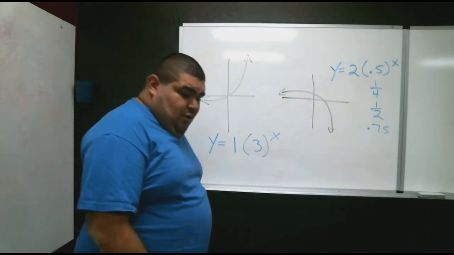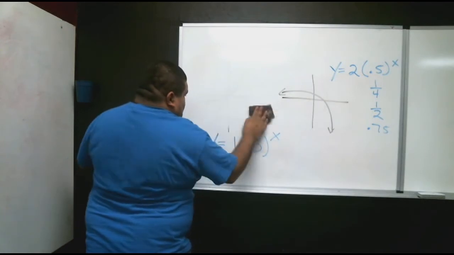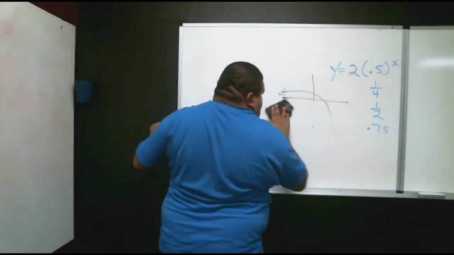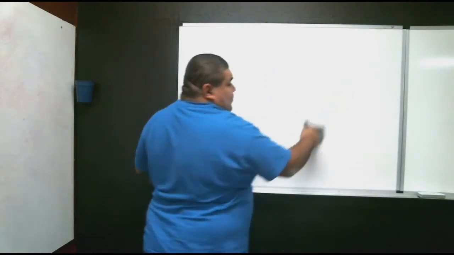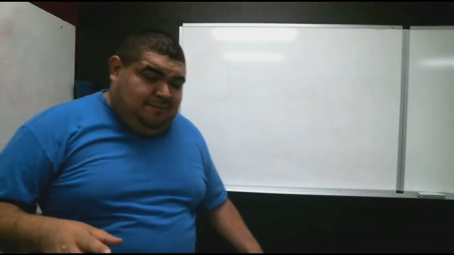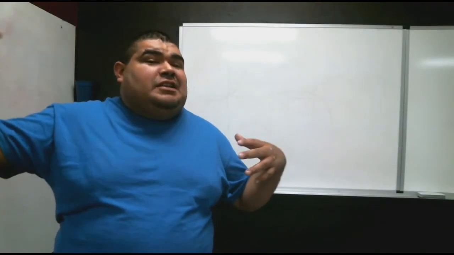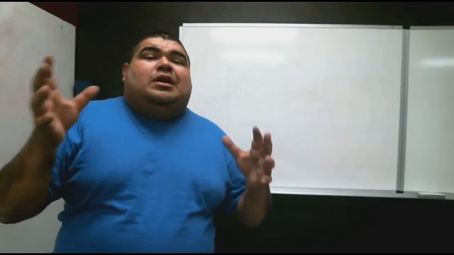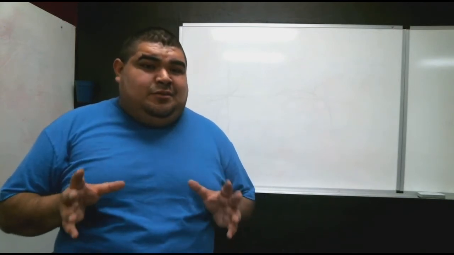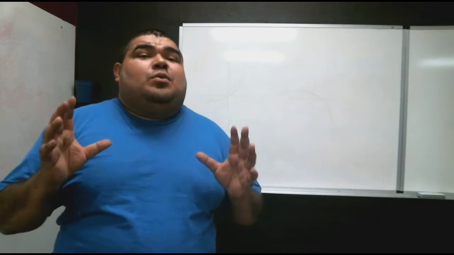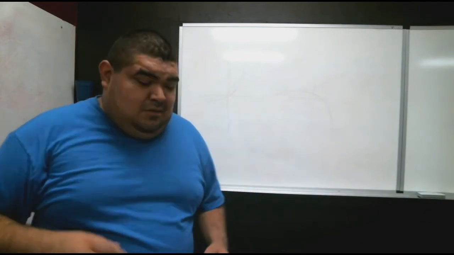Now that you have it in your notes, the assignment for today is, all you have to do is tell me if the equation I'm going to give you is going to have an exponential growth, exponential decay, or neither. Hint, hint: remember, a neither is when a is less than 0.